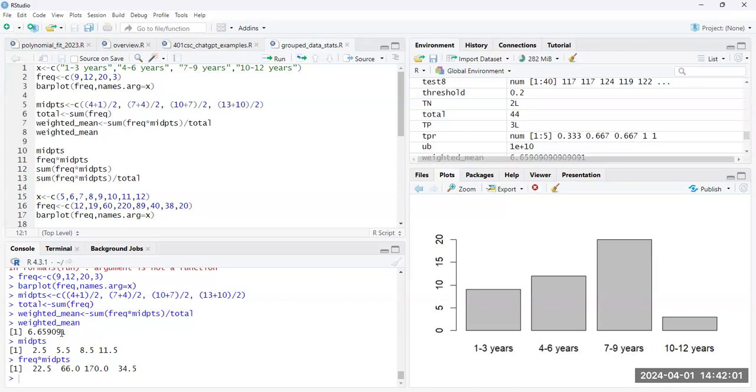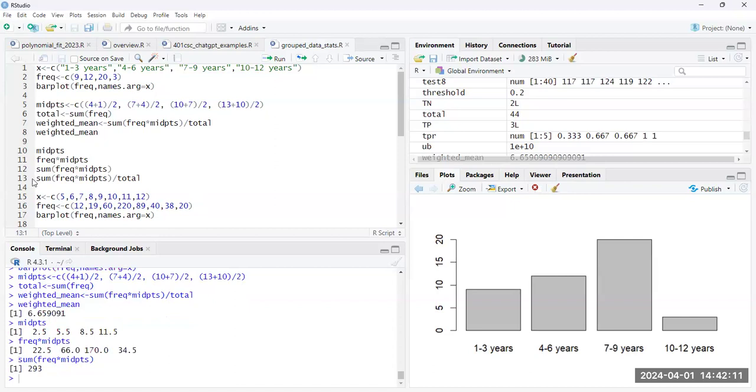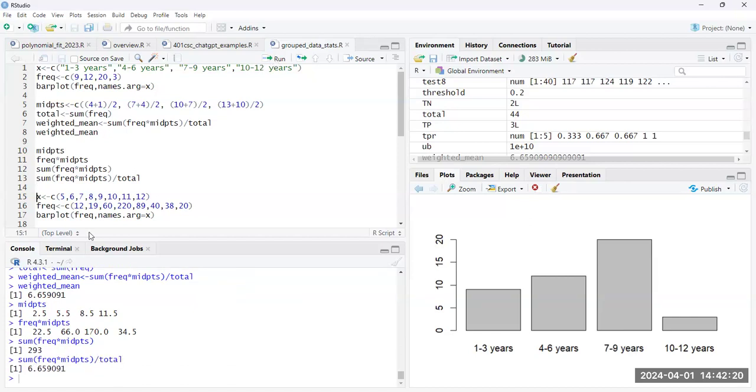And then when I calculate the sum of those, that'll be my numerator for my mean. When I divide that by the total, the number of all of my observations, I get my mean back. So that's what that formula is doing.